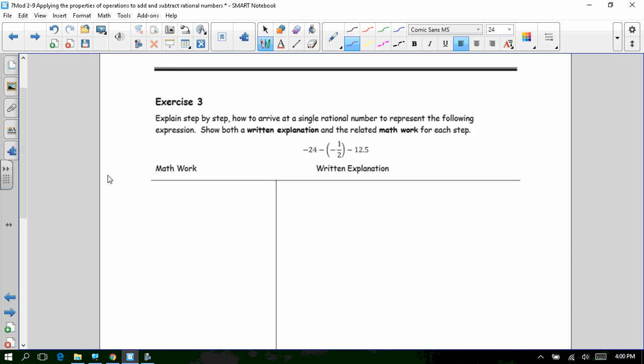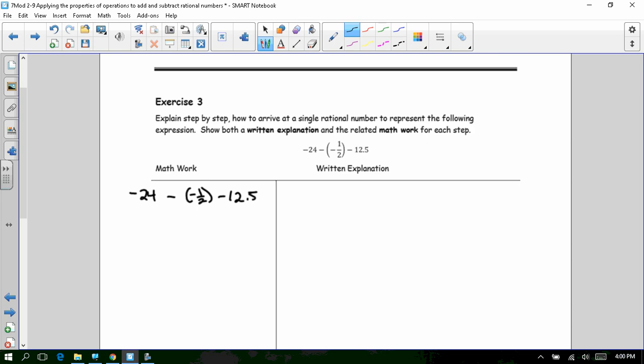Okay, so what I actually want to do is take the original problem and let's just rewrite it. Negative 24 minus negative 1/2 minus 12.5, right? If you want, you can say given. It was given to me. All right, if you want to, or just leave it blank, that's fine with me. First thing I have to do, I don't like subtraction signs.